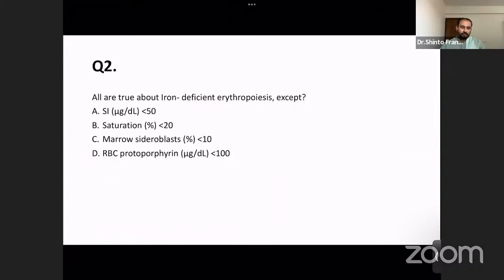The second question is again about iron deficiency or iron-related erythropoiesis. This is taken from a chart. Students, what you have to remember is Harrison tables and charts.